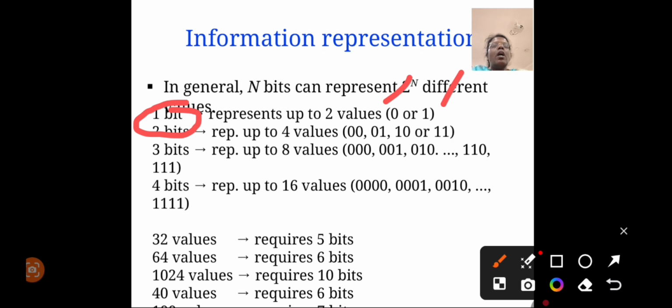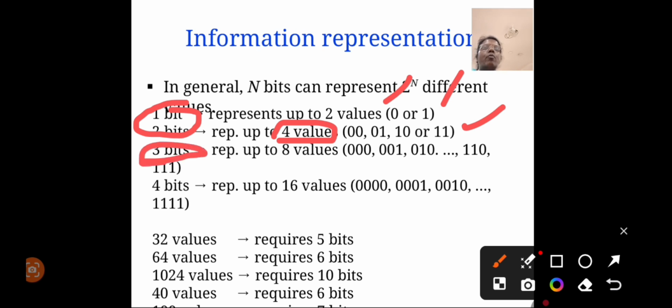How many possible values can we derive? According to the formula 2 power n, with n equal to 2, 2 power 2 is equivalent to 4. So 4 values can be represented by using the 2-bit format. The 4 possible values are 0, 0, 0, 1, 1, 0 and 1, 1. Now consider 3-bit binary information.